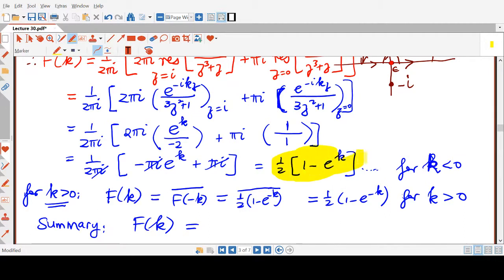Here's f of k for k less than 0, and here's f of k for k more than 0. The only difference is that k became minus k. Is there a neat, compact way to write the answer down? The answer is yes. You can write it as 1/2 times 1 minus e to the minus absolute k. And this is valid for all k.